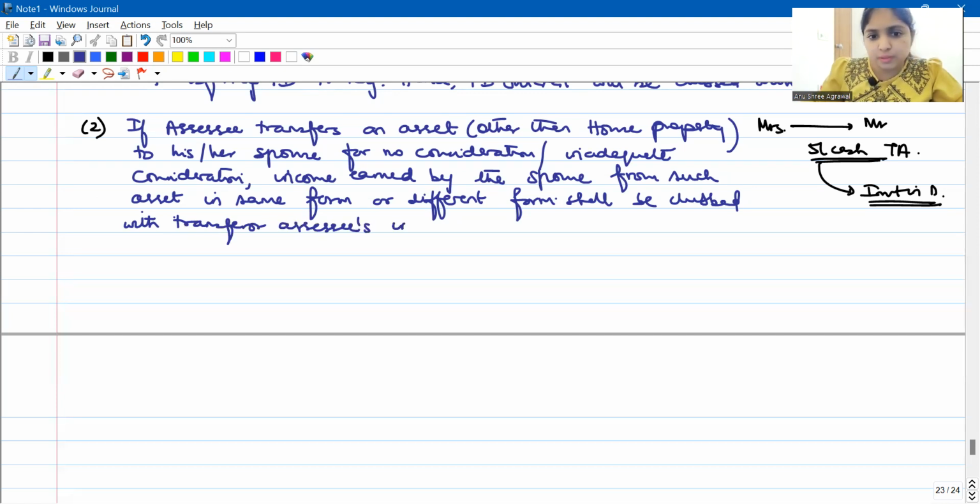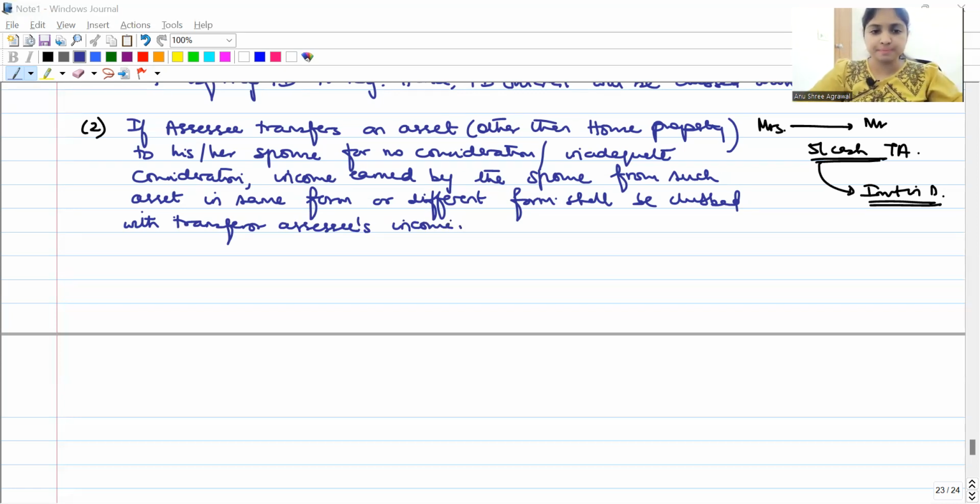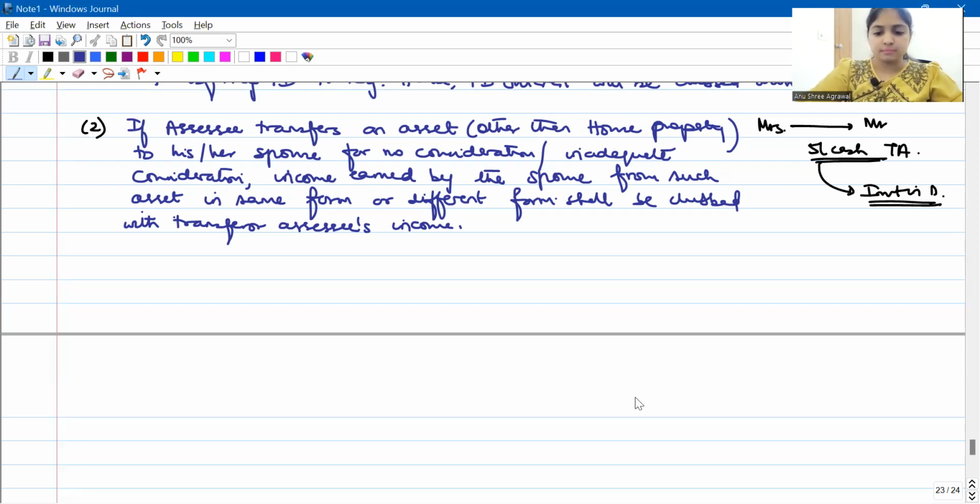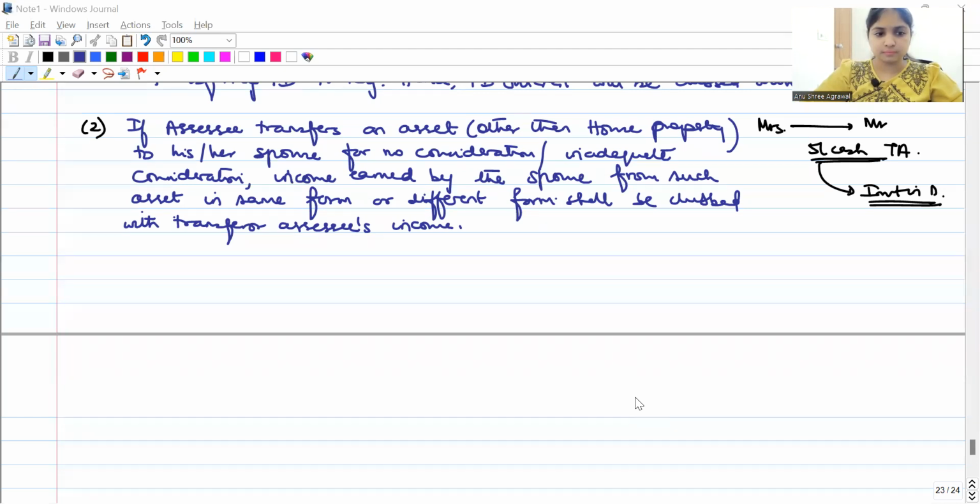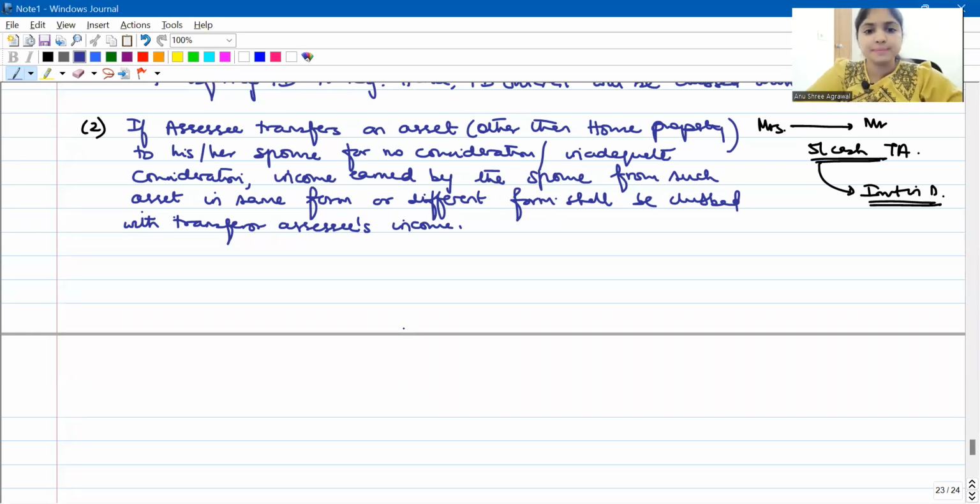Shall be clubbed with transferor assessee's income. Understood, everybody?